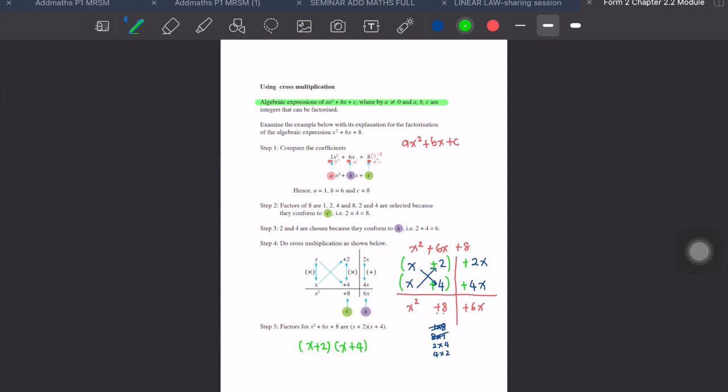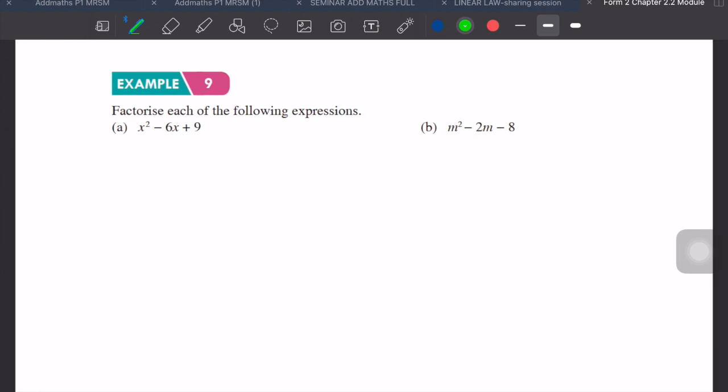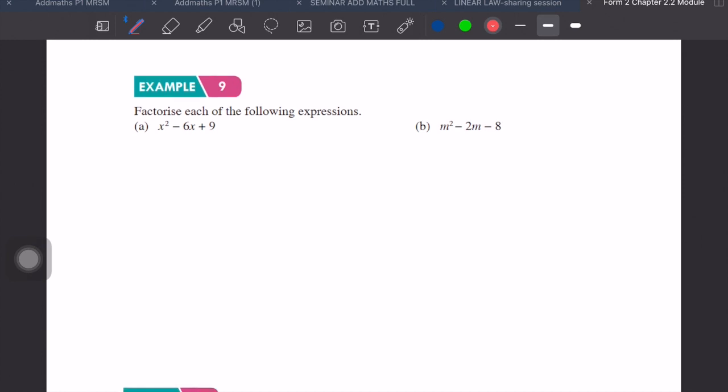Okay. Jangan risau kalau masih tak faham. Okay, saya tunjuk lagi yang sini. Okay, example 9. Okay, so saya akan explain lebih lagi for example 9. Okay, don't worry. Okay, saya akan tunjuk one by one. Okay, first kita identify dulu.